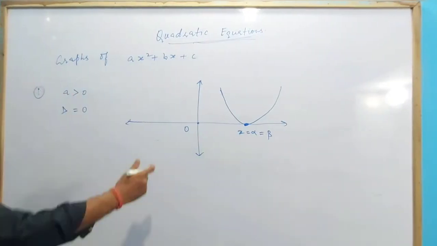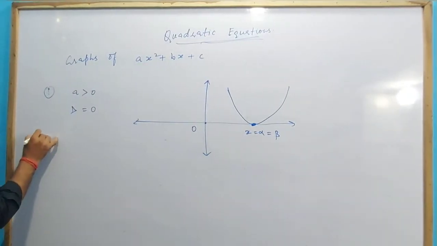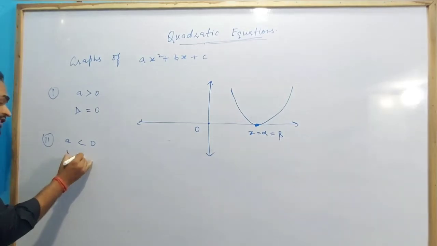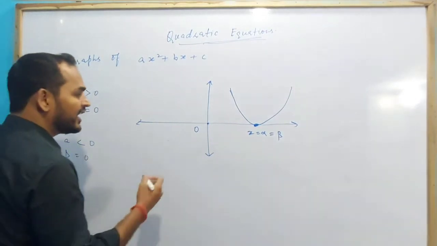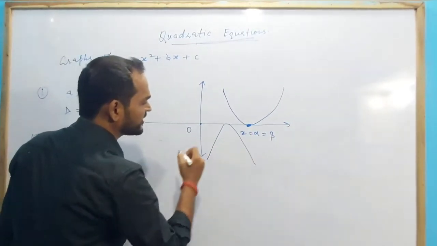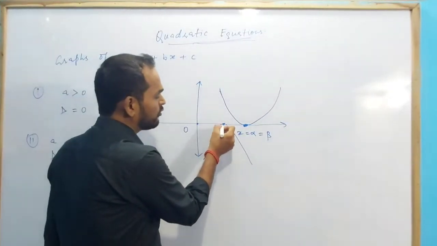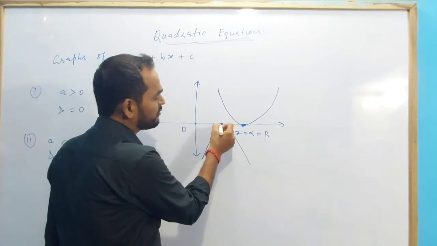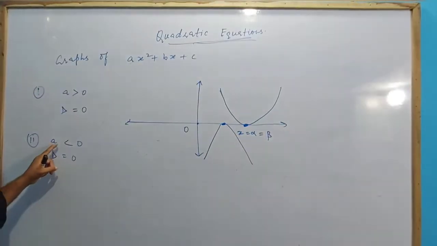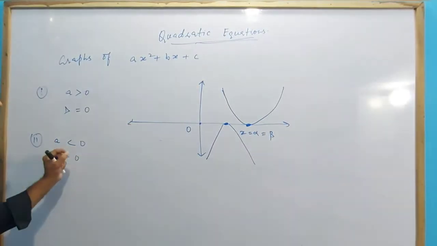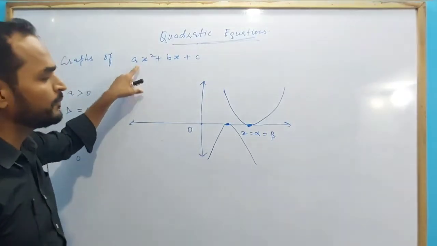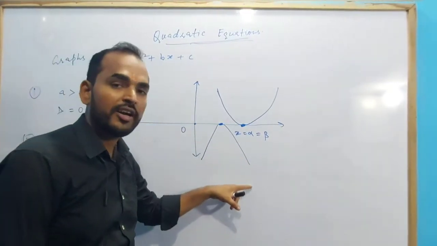Similarly, in the second scenario, when a is less than 0 but D equal to 0, what would happen? It will go downward parabolic and touch the x-axis. Only one root will be there, or two roots you can say, but they are equal. But it will be downward parabolic because a is less than 0. So whenever a is negative, it means the coefficient of x square is negative, the graph will be downward parabolic.